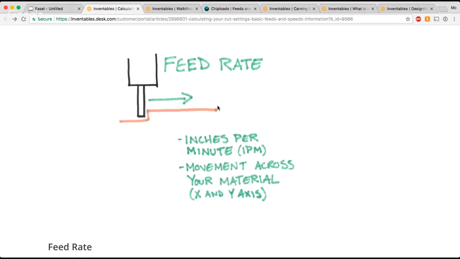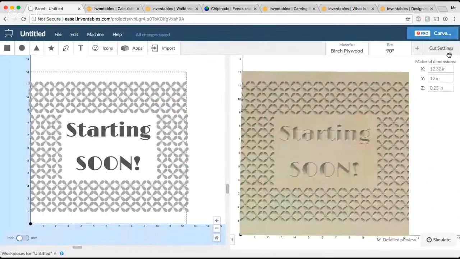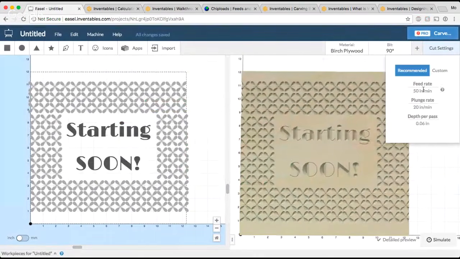So your Z movements are not determined by feed rate, this is only your X and Y movements. For example, let's say you have a feed rate of 20 IPM, and you can see here in Easel, the cut settings, right? This one is 50 inches per minute. What that's saying is that the machine is going to move along 50 inches in the X and Y direction in the course of 1 minute. That is pretty darn fast.